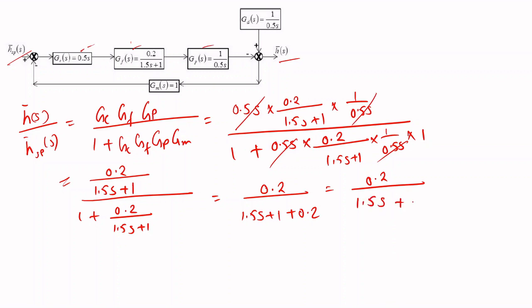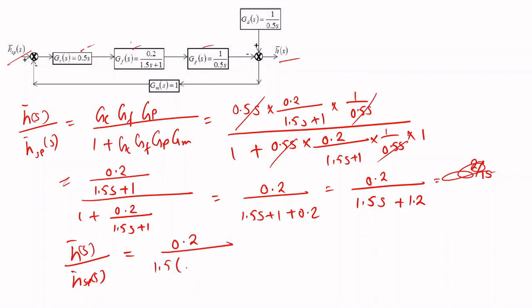So we can write the final equation as 0.2 upon 1.5s plus 1.2. Let's take 1.5 common from this.